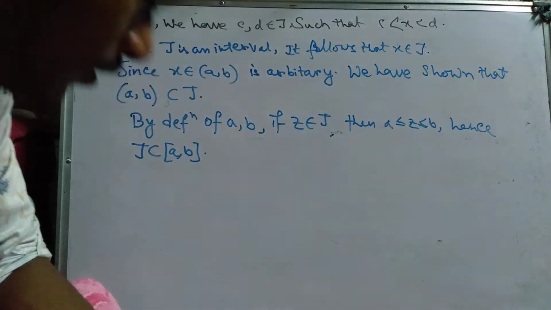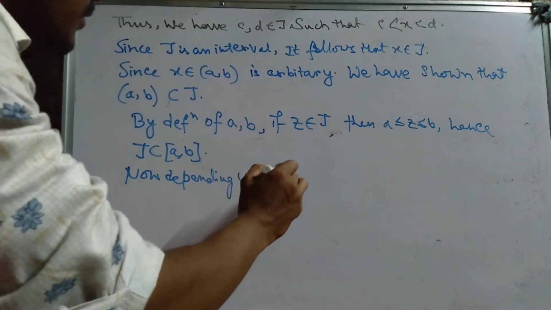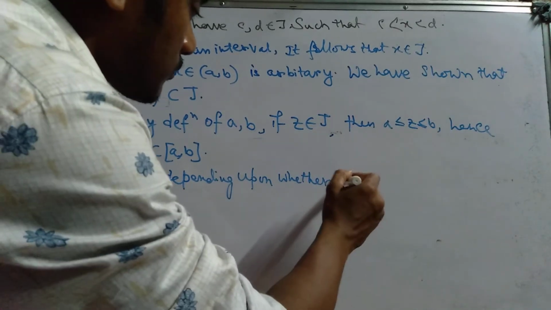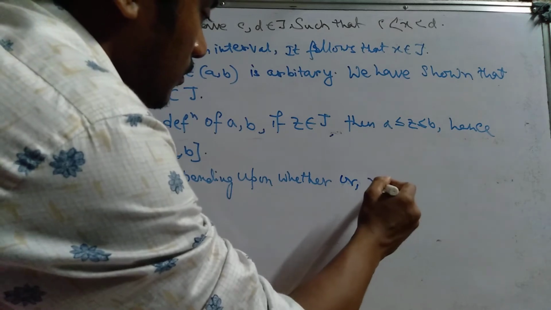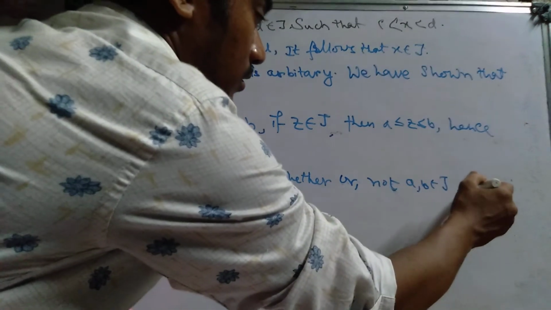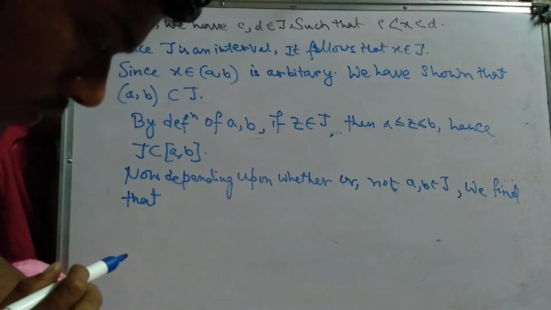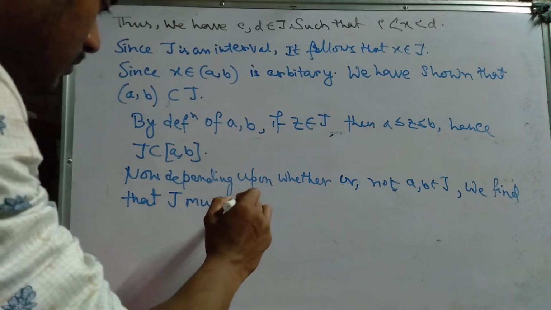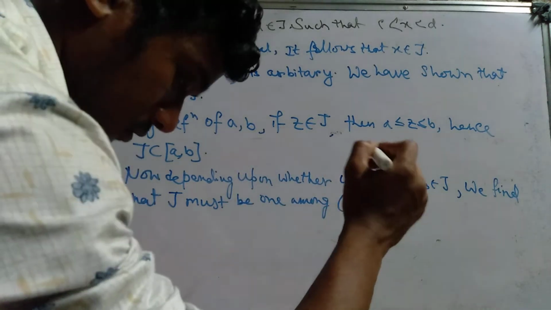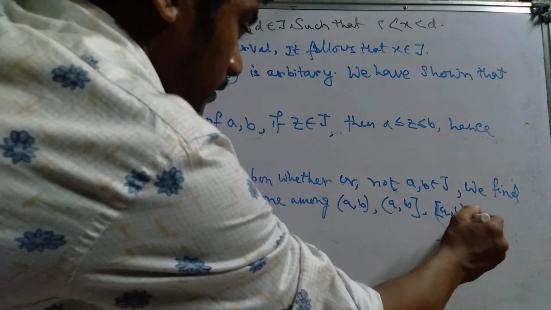Now depending upon whether or not a and b belong to J, we find that J must be one among open (a, b), open a closed b, closed a open b, and closed [a, b].